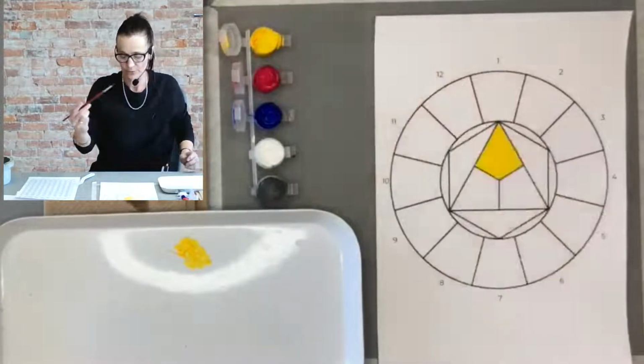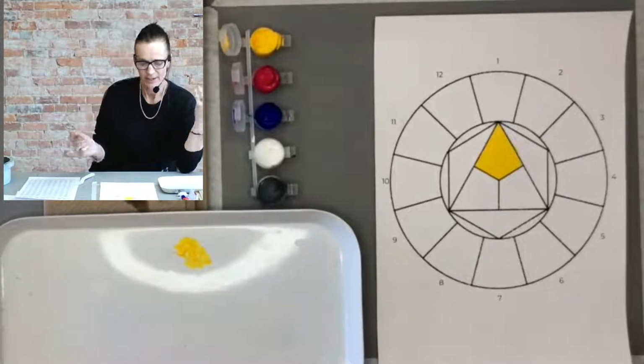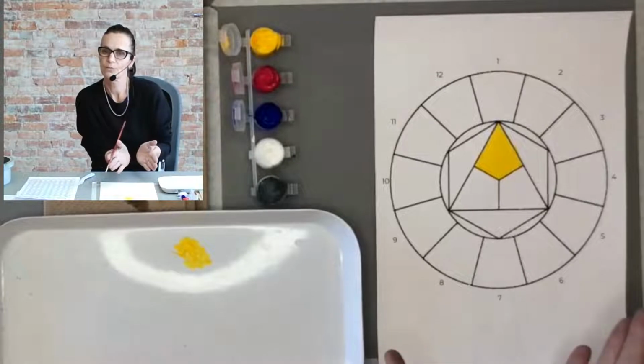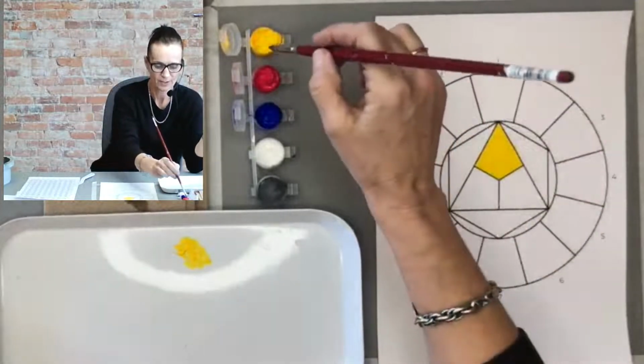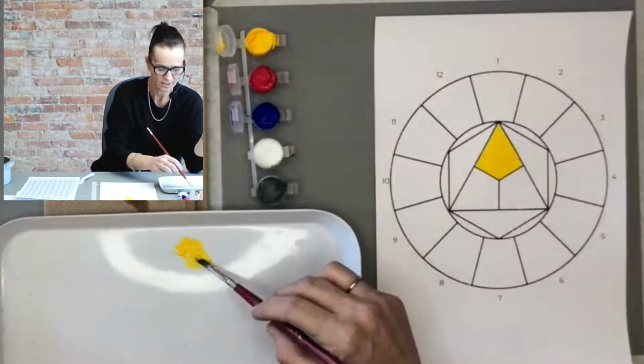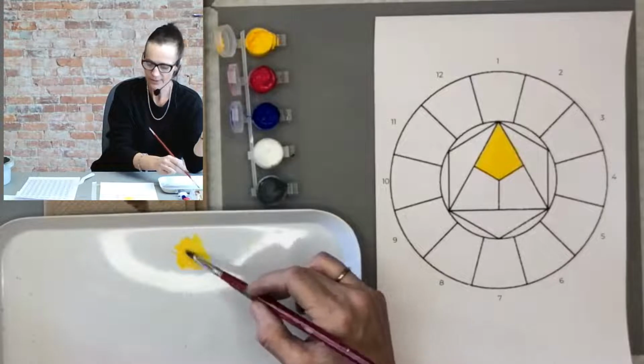Does it lean to blue, or does it lean to red or yellow? Is it a cool red or is it a warm red? We talk about temperature and color. That's a really important thing when you're trying to mix colors, and you're going to understand why when we get into our secondary colors.